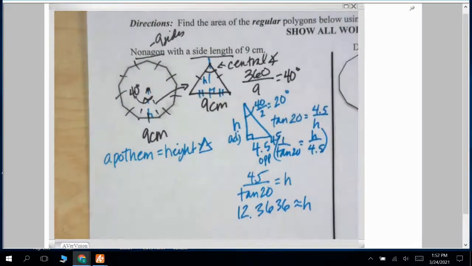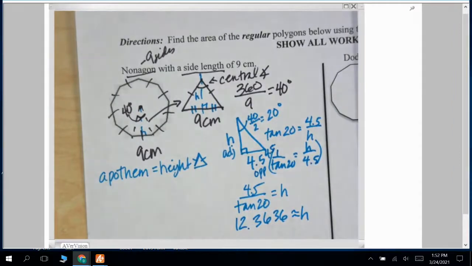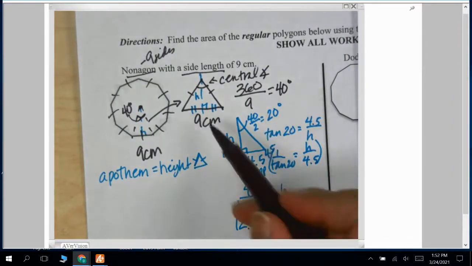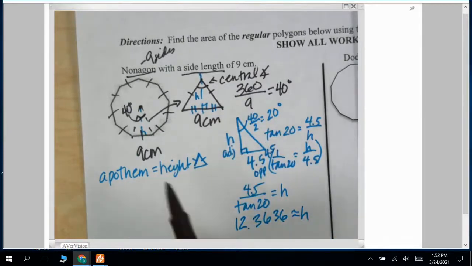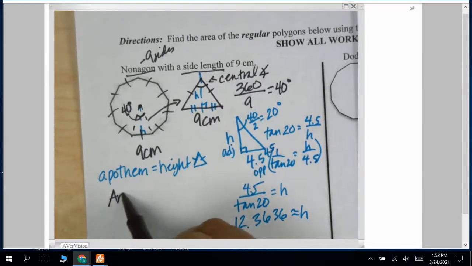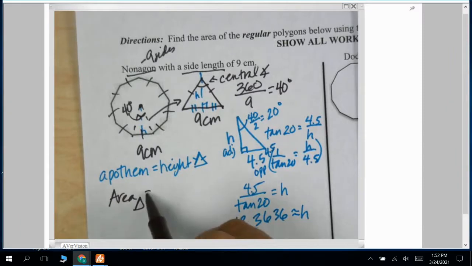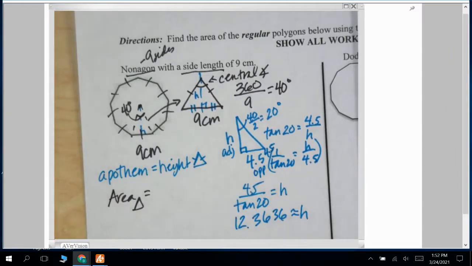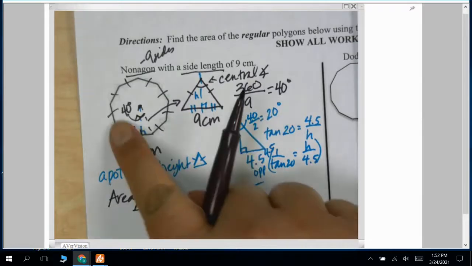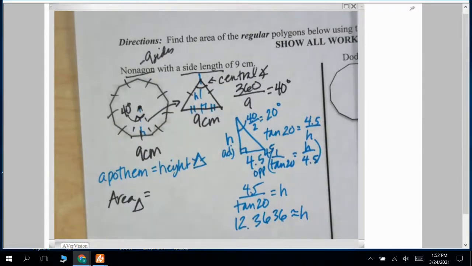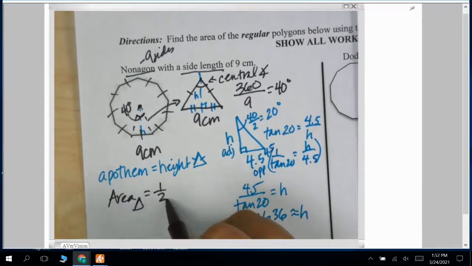So I can go back now and say, great, I have the height, I'm good. All that work is related to the blue. So now the area of my triangle, and I like to keep my areas really clear because I'm not just focused on the area of a triangle, I'm trying to find the area of the entire shape. So the area of the triangle is 1/2, and what's the base?